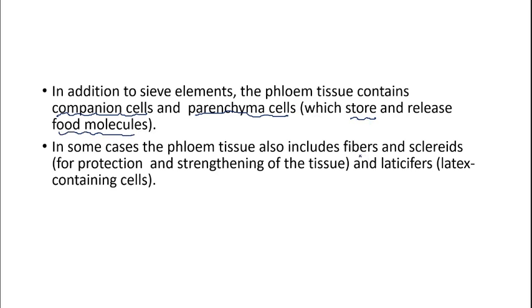Some phloem tissues also include fibers and sclereids, whose role is protection and strengthening of the tissues. Some phloem tissues also include laticifers, which are latex containing cells, just to give the general idea.